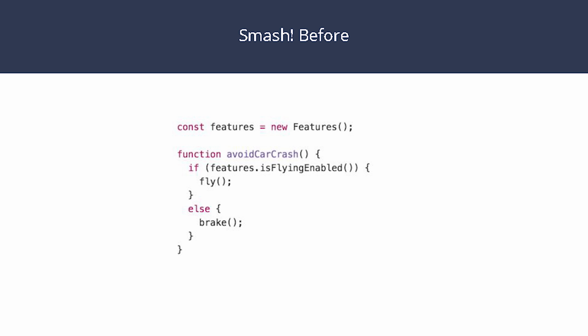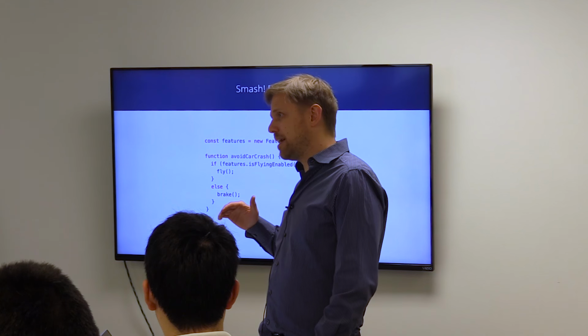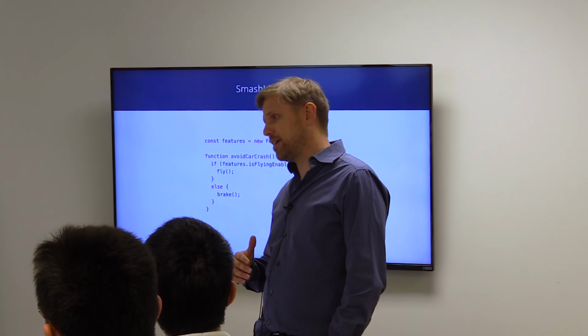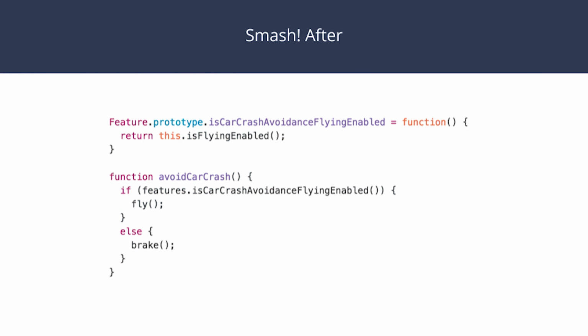So there's no particular problem with this, but the issue is that feature toggles have a way of proliferating through your code. They become like an all or nothing thing.